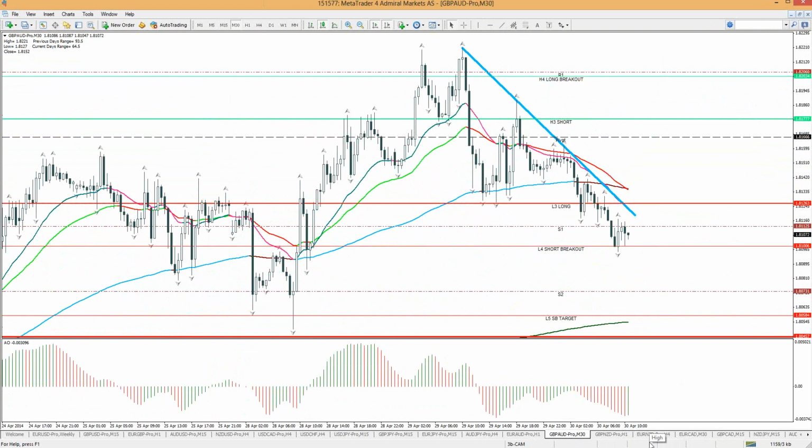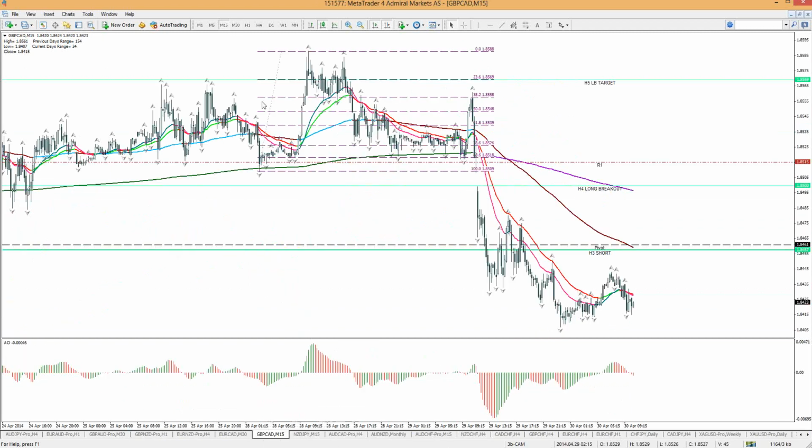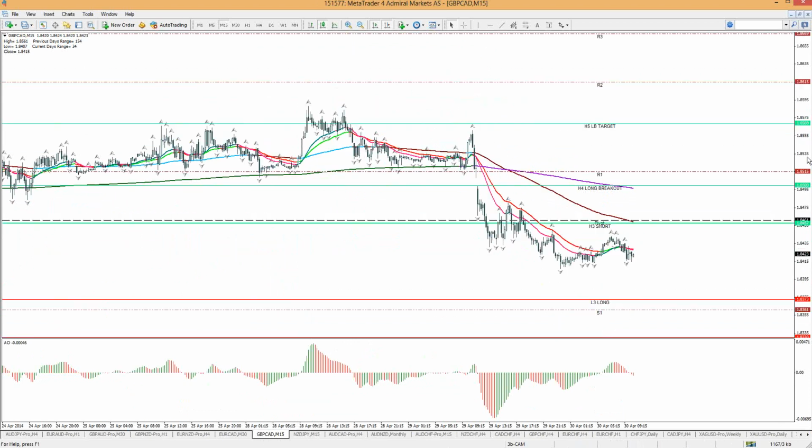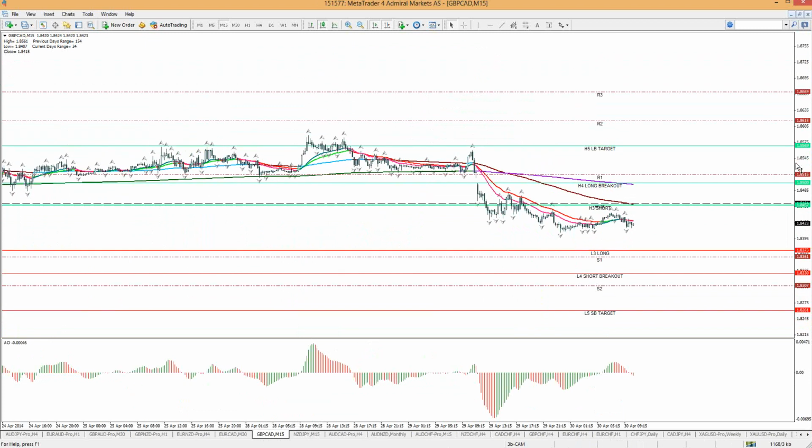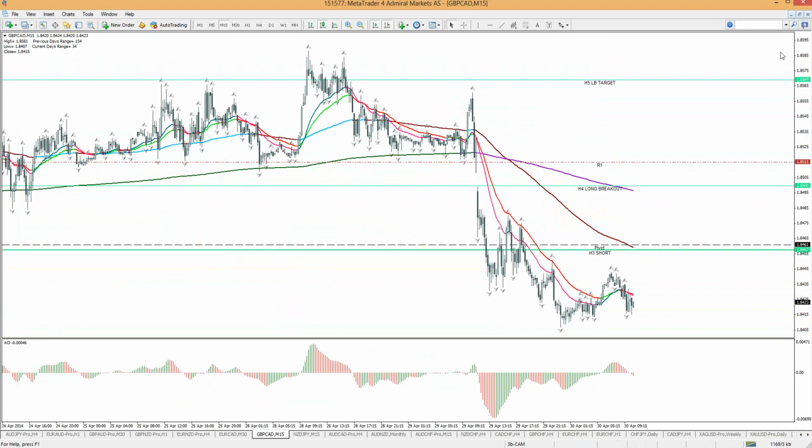Let's take a look at pound CAD. Dalish is recommending that. There it is. Let's see. L3, L4, wow, it's pretty big spaces on the pound CAD.